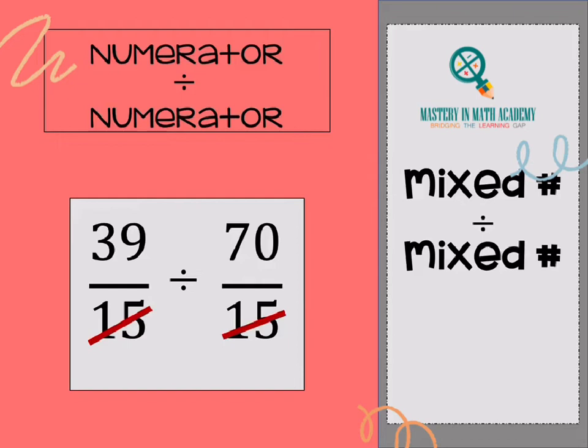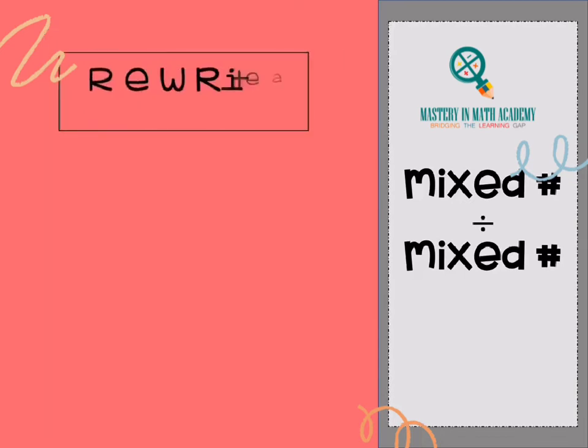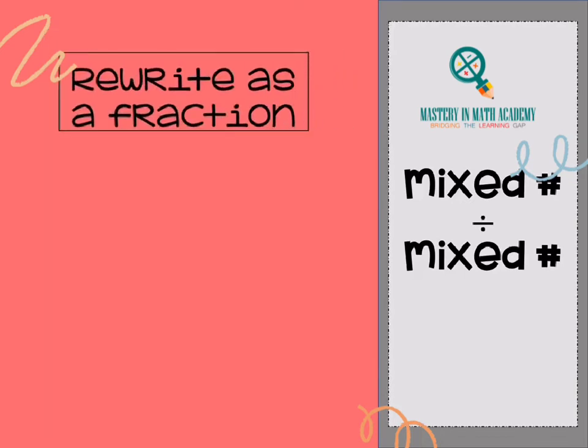You're going to do numerator divided by numerator. So you have 39 divided by 70. Remember, we ignore our denominators because once you divide them, you're going to get one anyway. And now we're going to rewrite our numerators as a fraction.